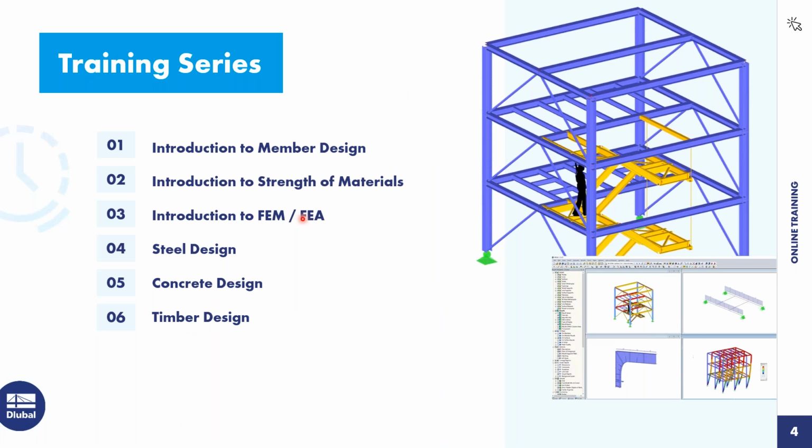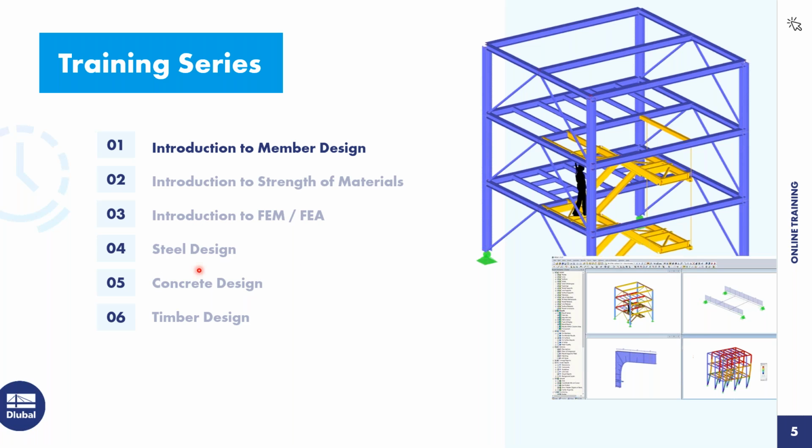So the training series consists of 6 parts. We start today with the introduction to member design, and in the next, I guess, 5, 6, 7 weeks, we will also have an introduction to the strength of materials with the program RSECTION. Then later on, we continue with the finite element method, or finite element analysis, also with RFEM 6.